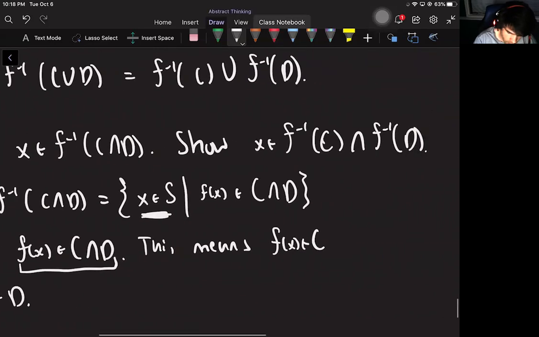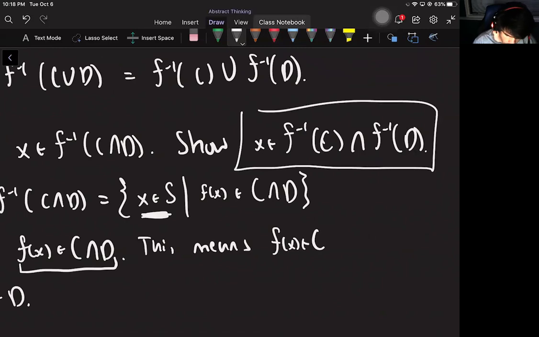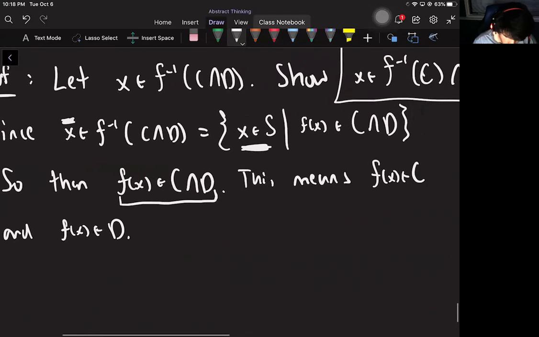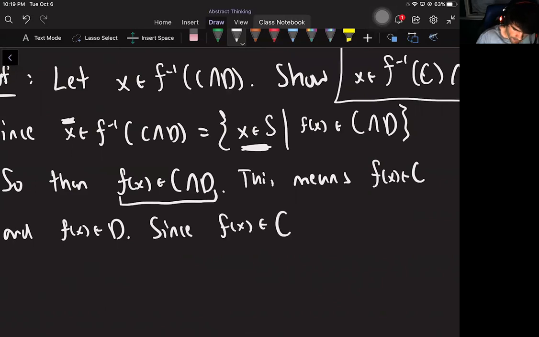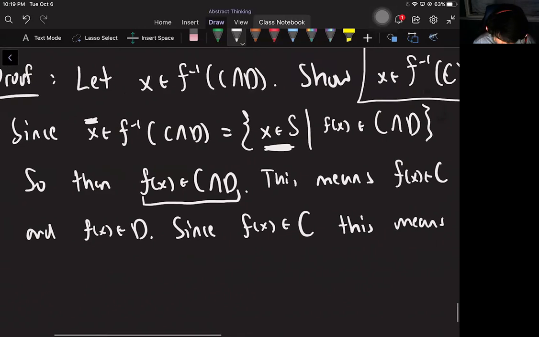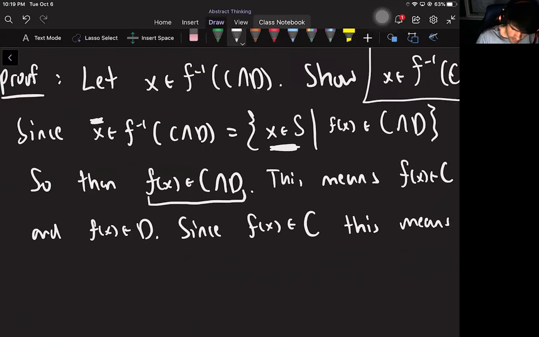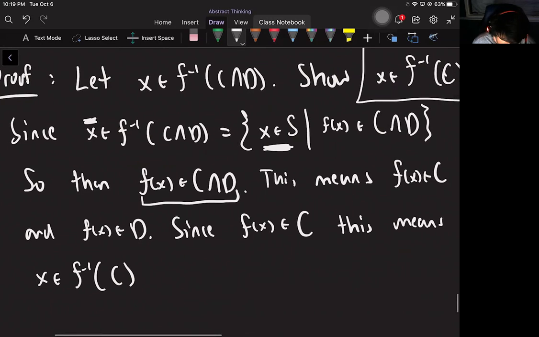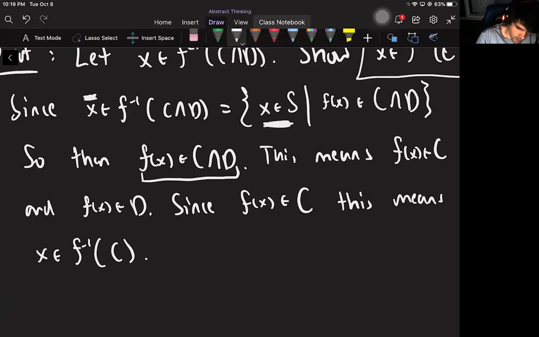Well, I'm trying to get over here, and I'm actually almost there. So since f of X is in C, this is just the definition of preimage. If X gets sent to the subset C, that's what this is saying, that just automatically means that X is in the preimage of C. Because the preimage is the stuff that gets sent to C. X is one of these things that gets sent to C. So it's in the preimage of C.